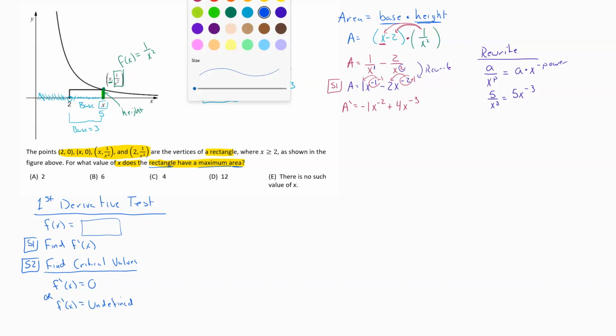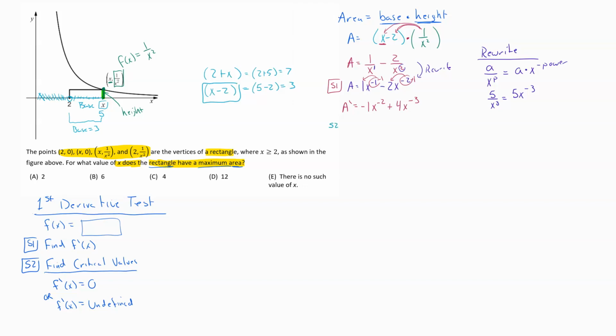So coming into step 2, we also want to be on the lookout for undoing rewrites. I'm going to set this equal to 0, and as I do it, I always tell people negative exponents are great for doing calculus. They are horrible for doing algebra. So we need to undo those rewrites so that we can do some algebra on it. Essentially, we're going to undo the rewrite we just did.